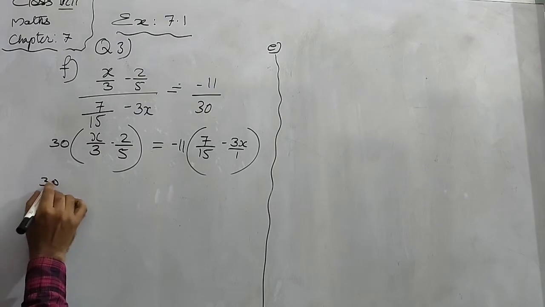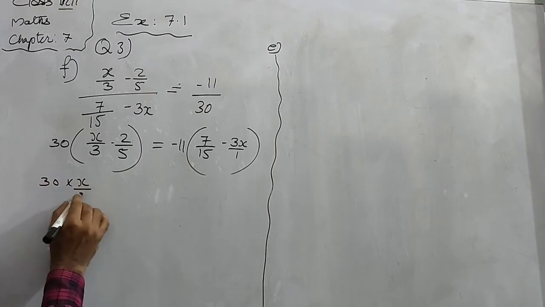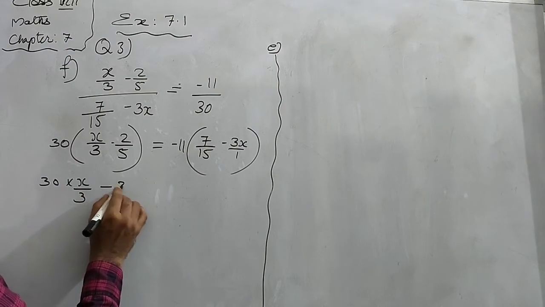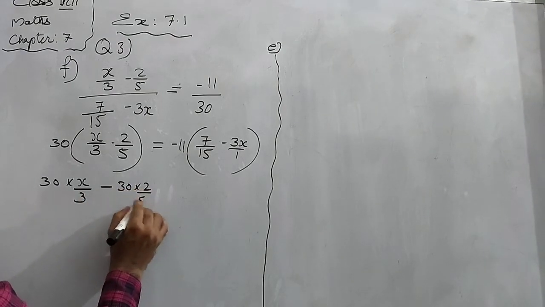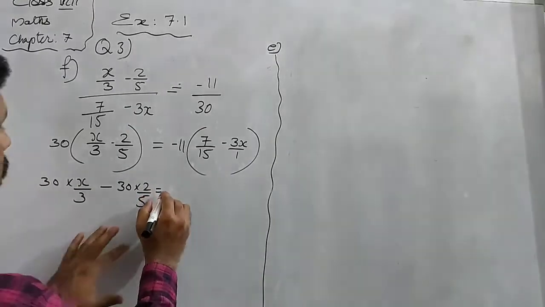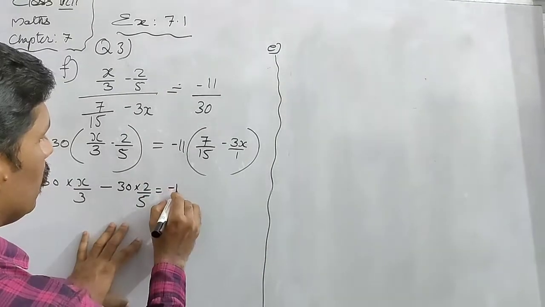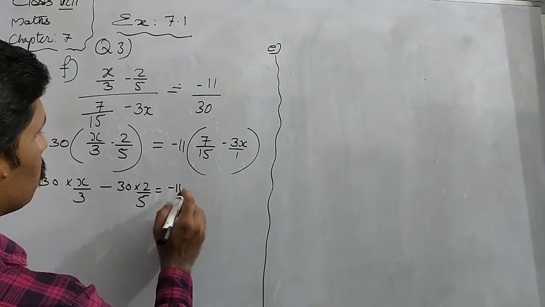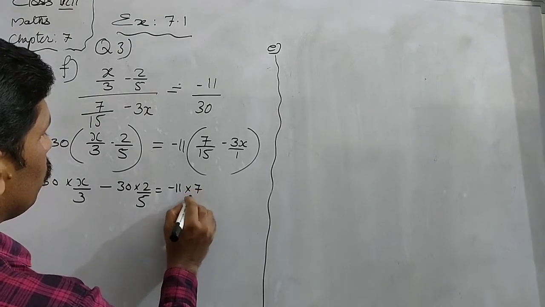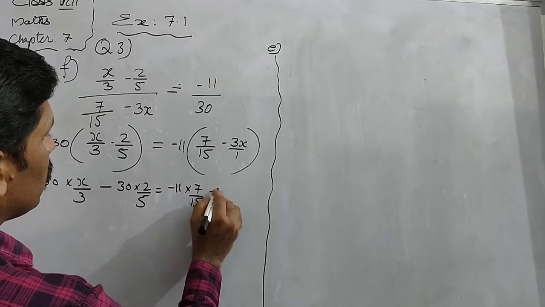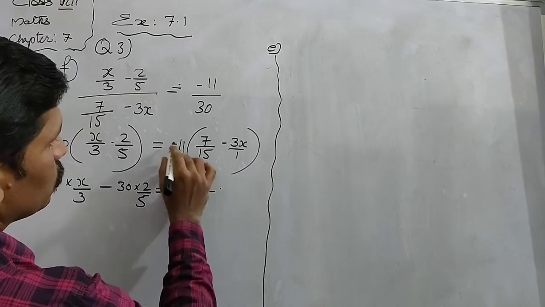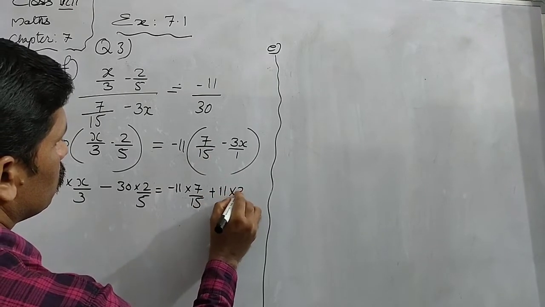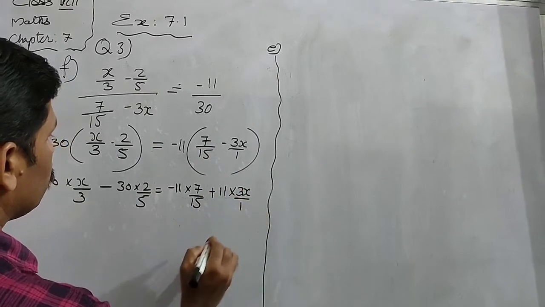And here we multiply both these numbers. 30 into x upon 3 minus 30 into 2 upon 5 is equal to, here also negative 11 into 7 upon 15 minus negative 11, or minus into minus, that changes to plus, 11 into 3x upon 1.